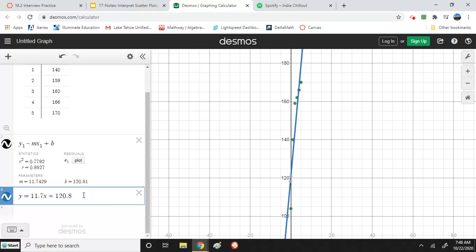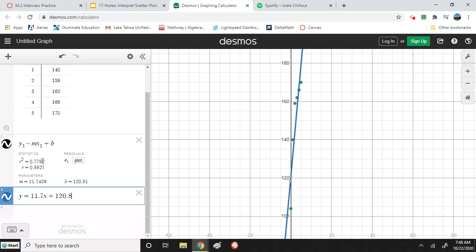So if you see that I actually have that line, so my line was originally black. Now if I put my line in here, it's blue, and it went directly over the one I actually found. So yay, I wrote my equation correctly. So now I have my value of 11.7x plus 120.8, and that is my linear regression line.